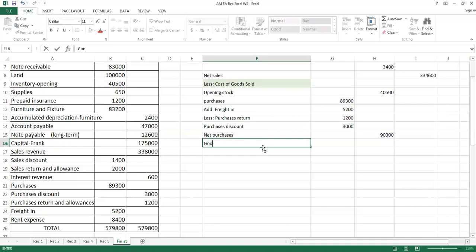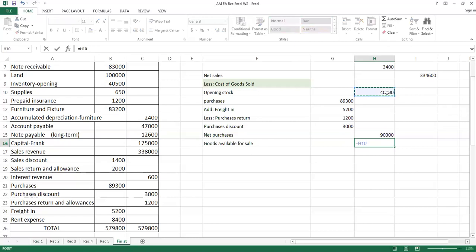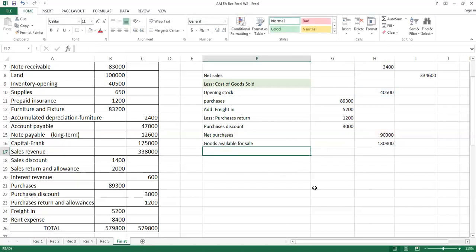Now, if you take these two pieces of information, then the sum of these two will be called goods available for sale. To calculate goods available for sale, we take opening stock and we add purchases to it. So this is goods available for sale. Then student, you minus closing stock.